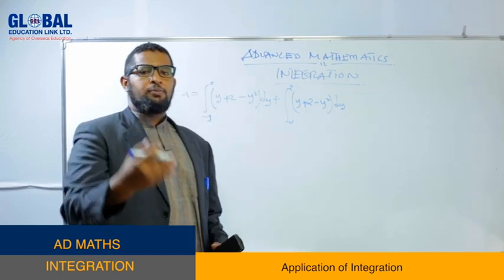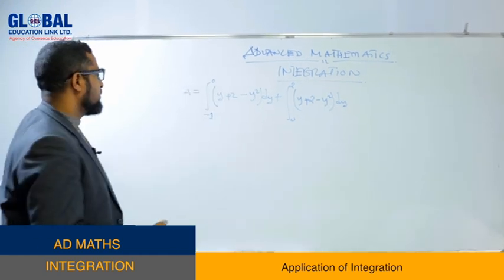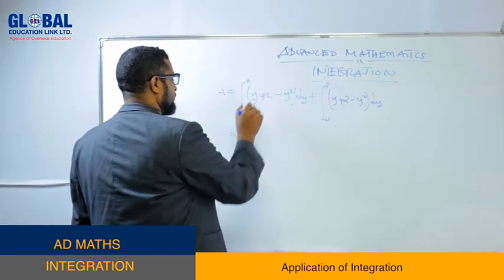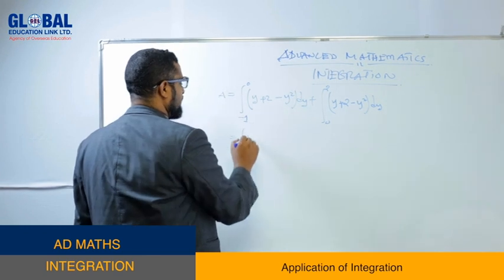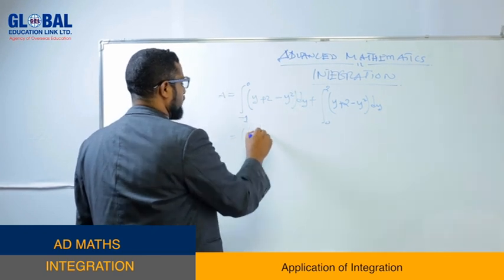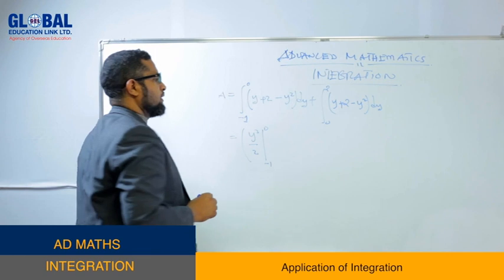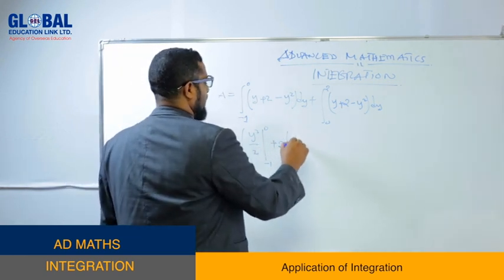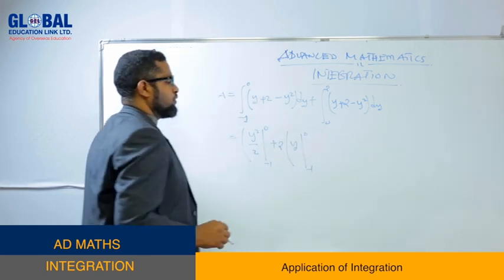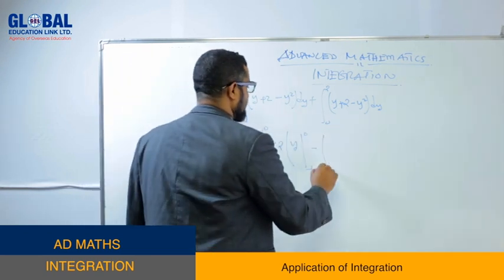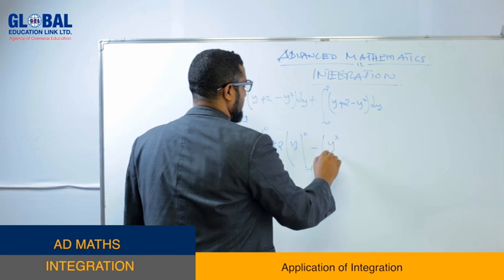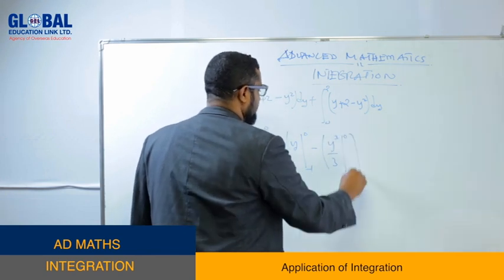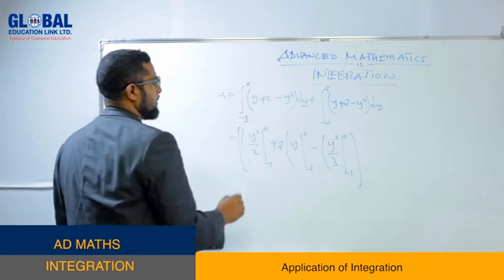Now it's time to integrate and substitute the limit. Then lastly, simplify. Starting with the first one, here we'll be having y squared over 2 from negative 1 to 0, plus 2y from negative 1 to 0. Then we minus y to the power of 3 over 3 from negative 1 to 0. This is the first part.